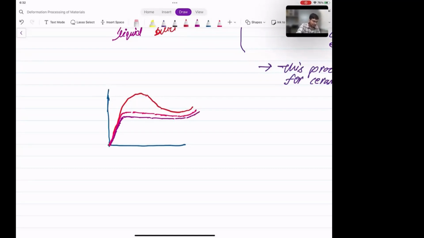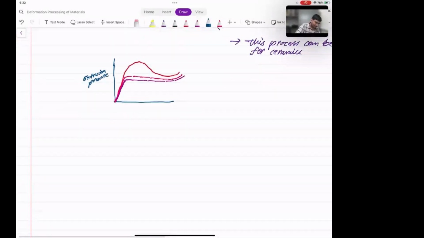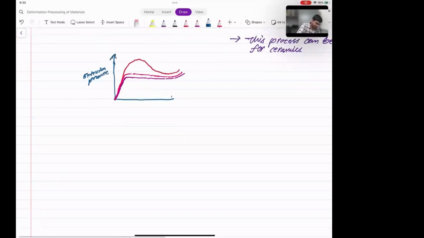So this is the extrusion pressure. This is the ram travel, and these graphs are respectively for direct extrusion.